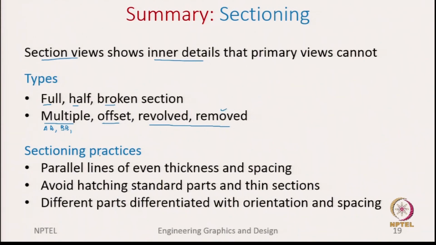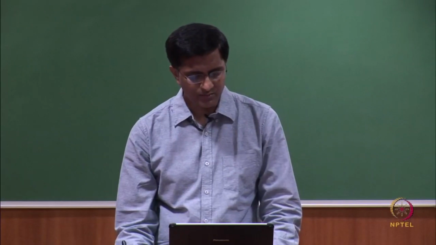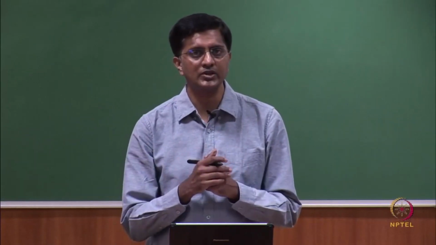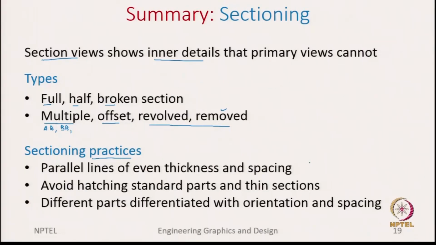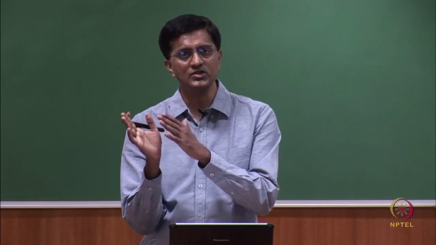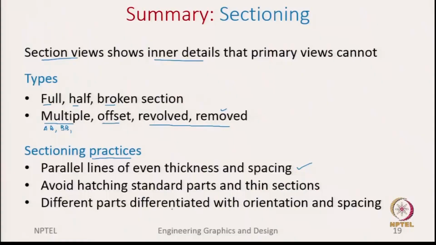Okay. Finally, we also talked about the practices people follow when doing this sectioning. We talked about having parallel lines which are of uniform thickness and uniformly spaced. We also discussed instances when the hatching or section lines need to be avoided.